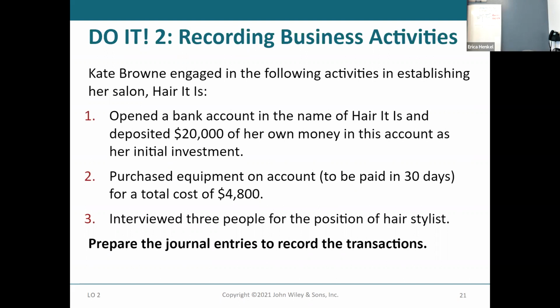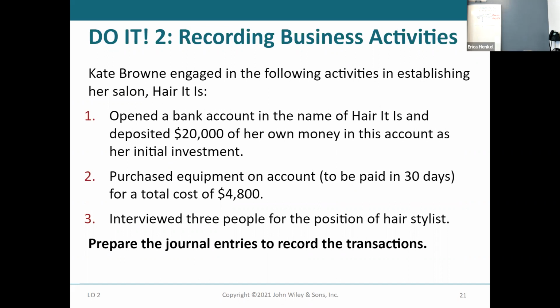Cash, right? For our journal entry, we're going to have a debit and a credit. We've got cash and owner's equity. So which one gets to be the debit? Cash, yeah, okay, perfect.